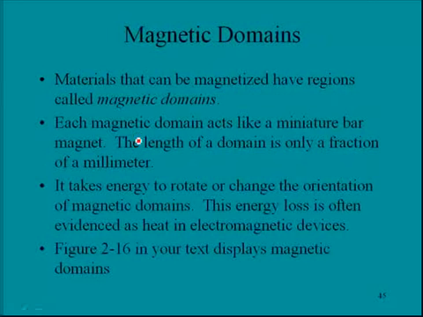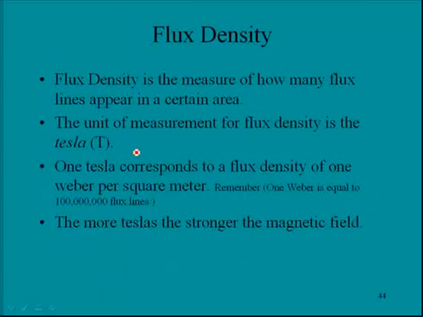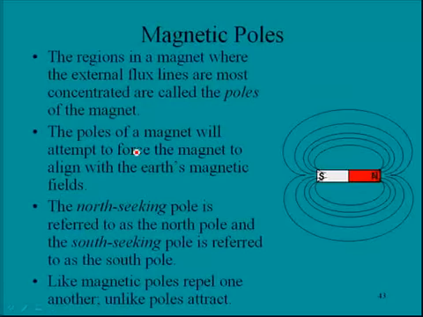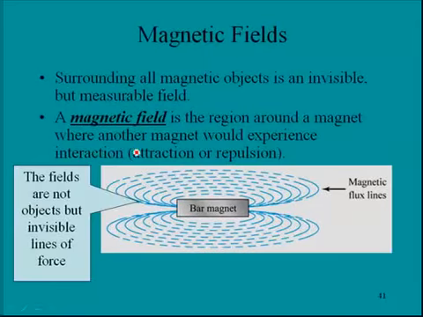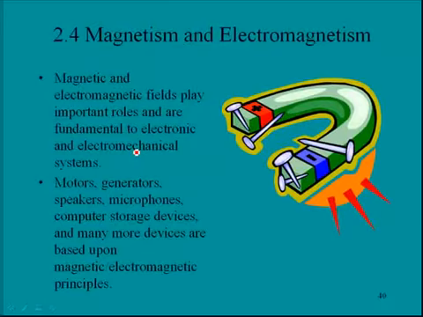I didn't have a picture online, but we do have a picture in your text. It's figure 216. Flux density is measured in a unit called the Tesla. And we looked at magnetic poles, magnetic flux, and we referred to magnetic flux in terms of the Weber. And we looked at magnetic fields, and that concludes 2.4.